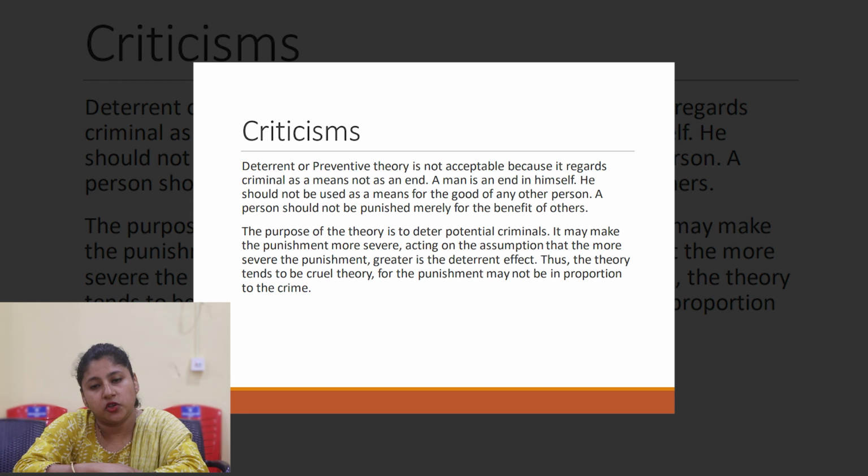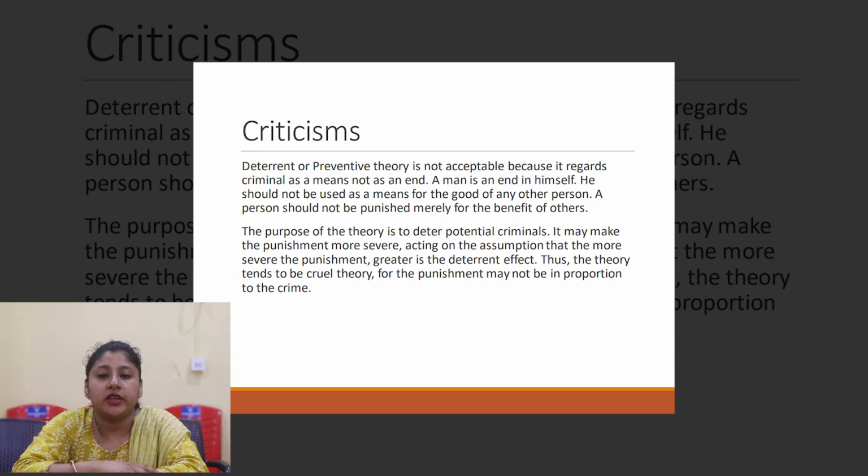So the preventive theory does not go well with today's humanitarian rights. It regards man as a means, but in today's humanitarian rights, we cannot regard man as a means. We cannot use the man for the benefit of others. So preventive theory is not acceptable on this point.